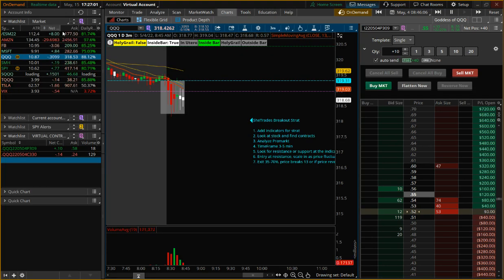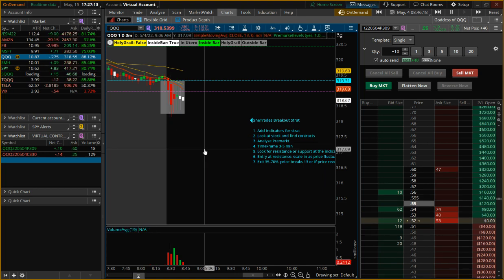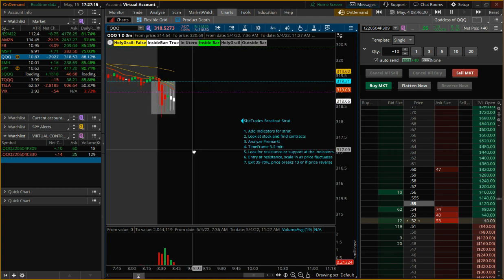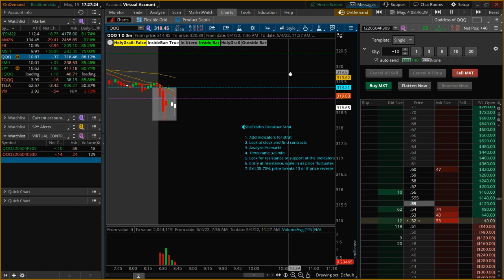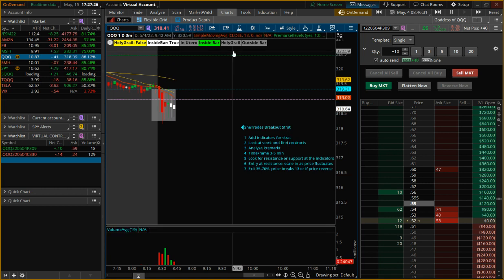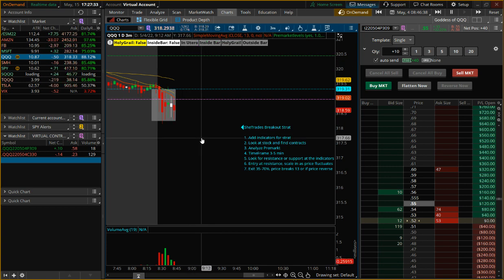Let's see what the market's doing. Okay, Tesla's down $2 now, so let's see. A lot of people do not watch the pre-market action, but the pre-market levels I have found to be helpful.